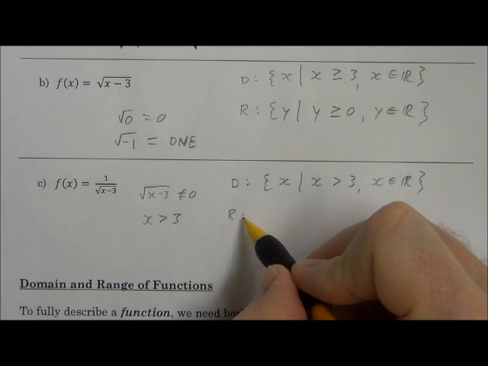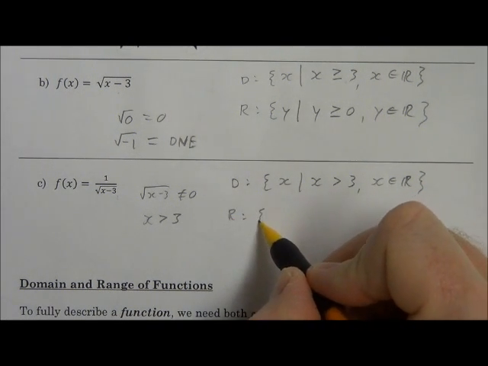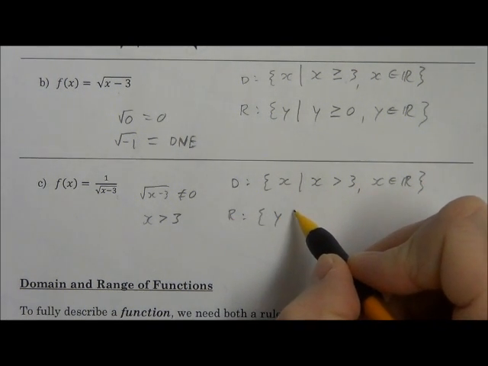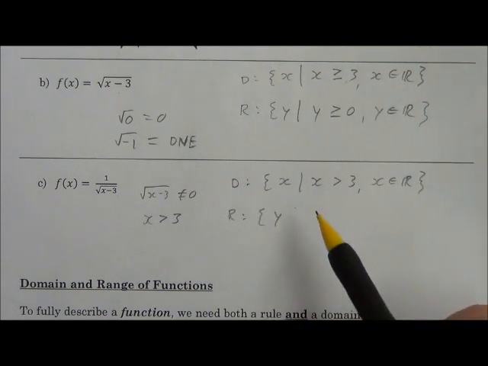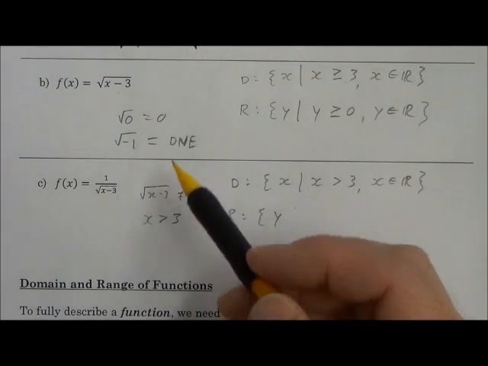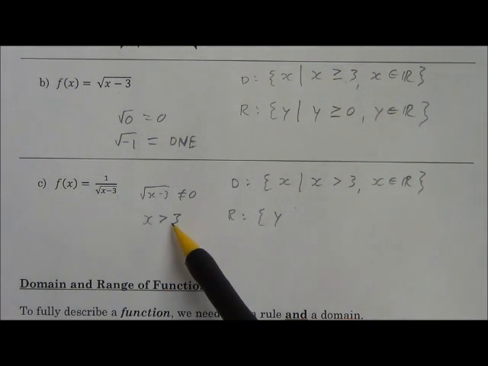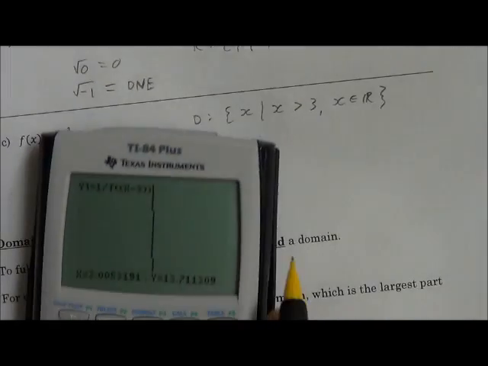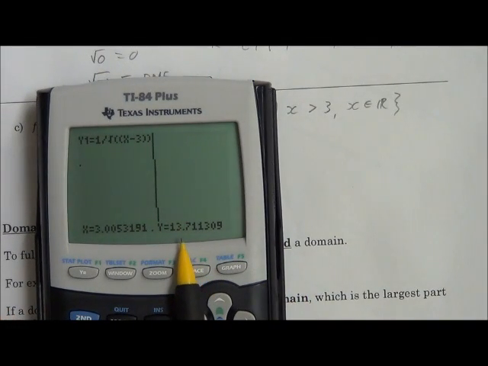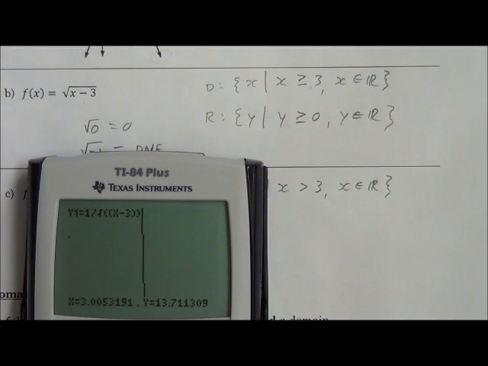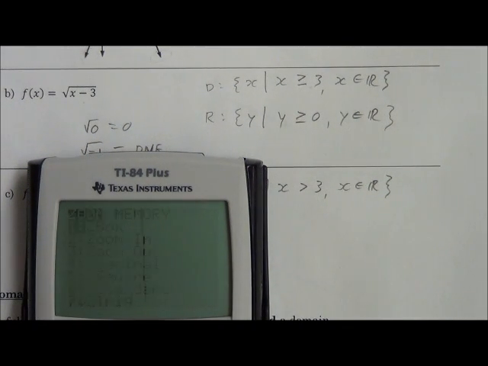And then for the range, y, now here's an interesting thing. When we have this value of 3, this x equals 3, notice that the y is at 13.7. Now what if I were to zoom in a little bit closer?